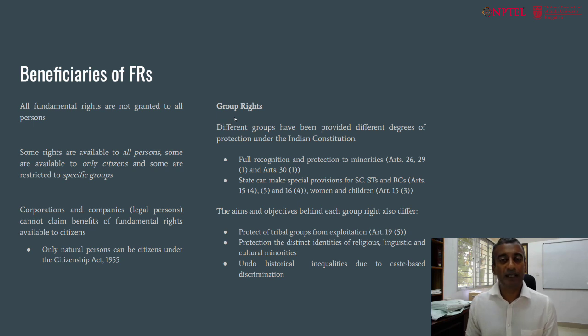For example, Article 15(3) allows the state to make special provisions for women and children. Only women and children can take the protection of Article 15(3). So whenever we read a constitutional article, we must be attentive to who has a claim under this constitutional article.